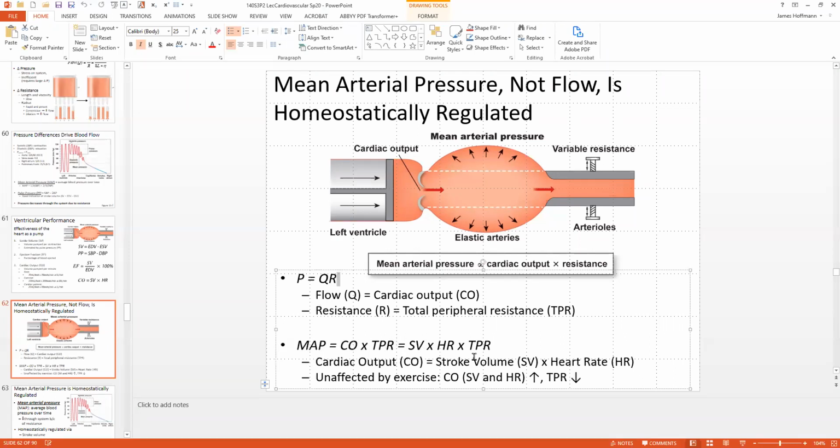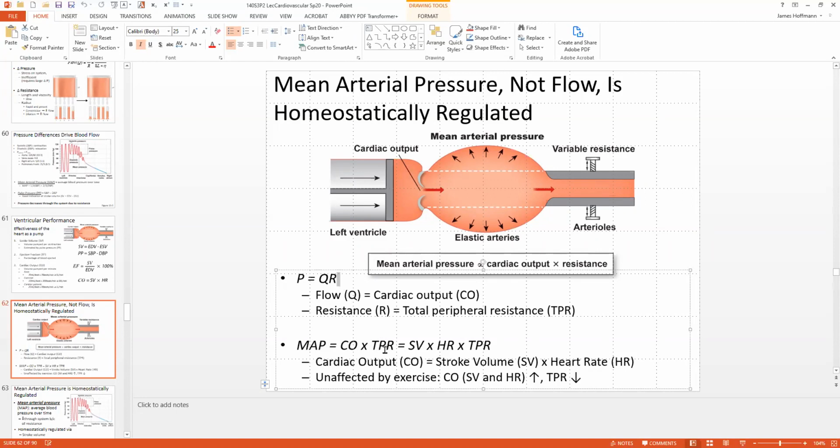Or, because we want to look at the individual components of cardiac output, stroke volume times heart rate times TPR. So it still follows this general pressure equals flow times resistance. We just have a specific pressure we call mean arterial pressure, times the specific flow we call cardiac output, times the specific resistance we call TPR.